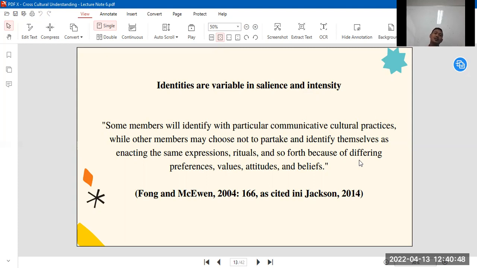When we are in an environment where the majority of people speak a different language and are visibly different from us, our ethnic, our language, our national identity may become more salient.